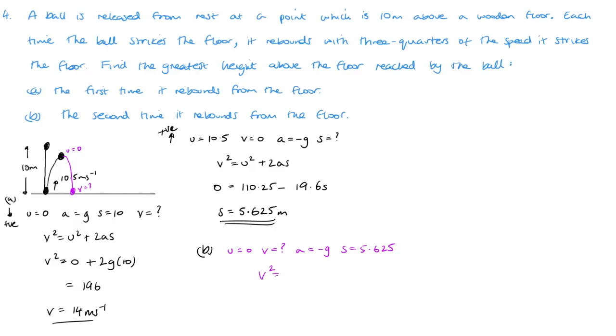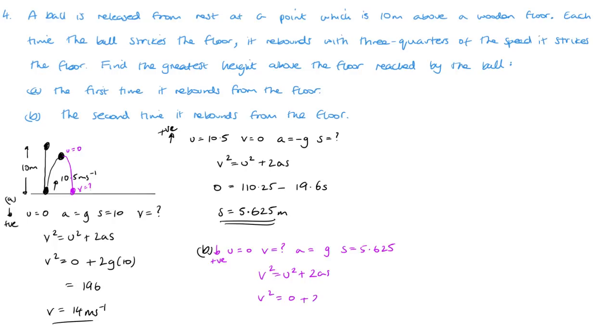So that is V squared equals U squared plus 2AS. V squared equals 0. Oh, sorry, on this one we're going to take downwards as positive, so that is a positive G there. We could have taken upwards as positive and we would have ended up with a negative V, but it's easier this way.